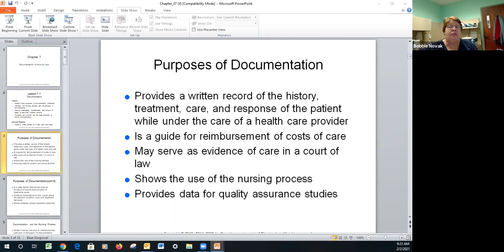It can be up to 3, 4, 5 years after the fact that somebody can say, oh, well, we need to sue this person now, okay? So you're not going to remember that patient. You're not going to remember all the details. All those details need to be in the chart so that they can see that you did what you were supposed to do, okay? It shows the use of the nursing process, and it gives us data for quality assurance studies.